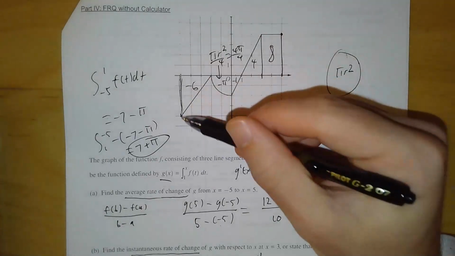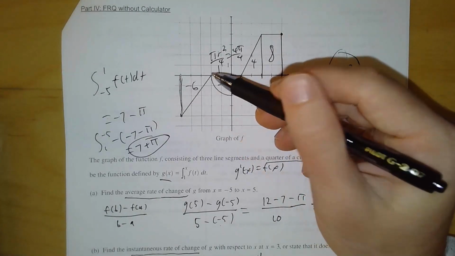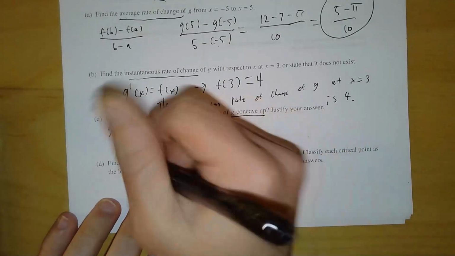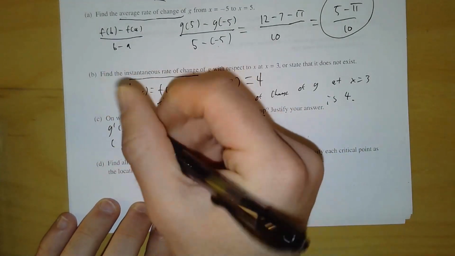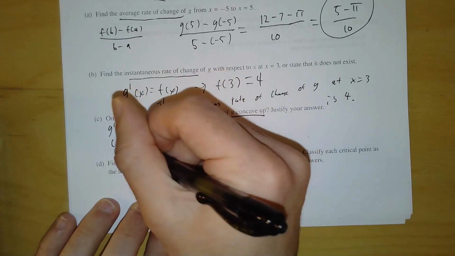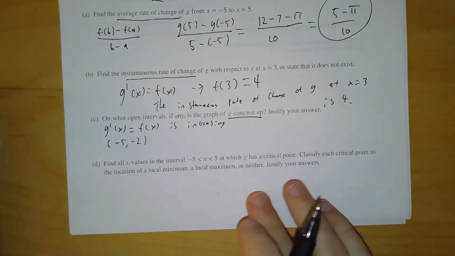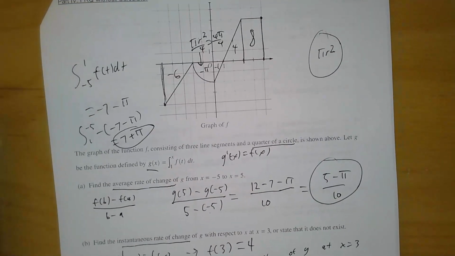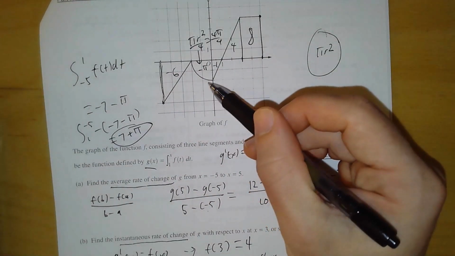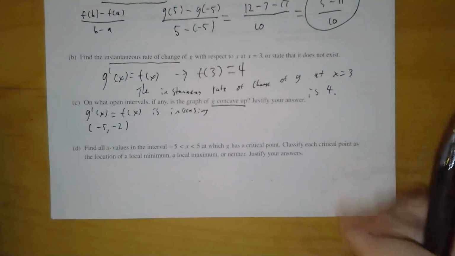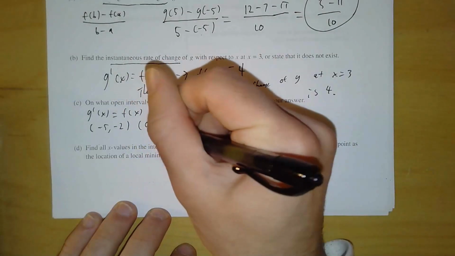Well, it's increasing from -5 to -2. Let's go ahead and write that. So we're going to have -5 to -2. And we're going to have also increasing here from 0 to 3. So -5, -2, and 0 to 3.